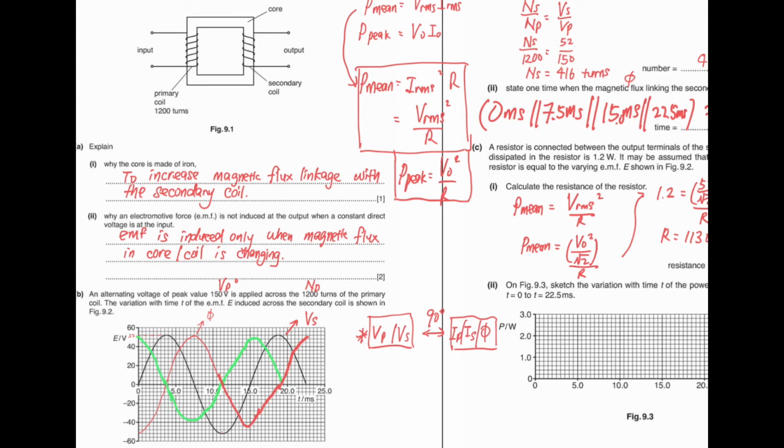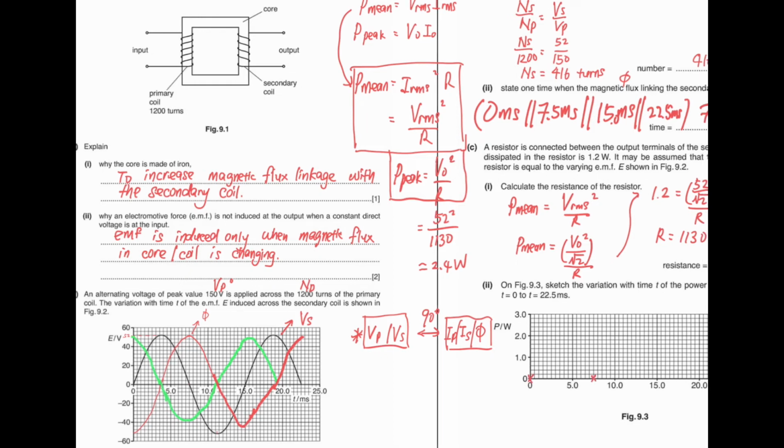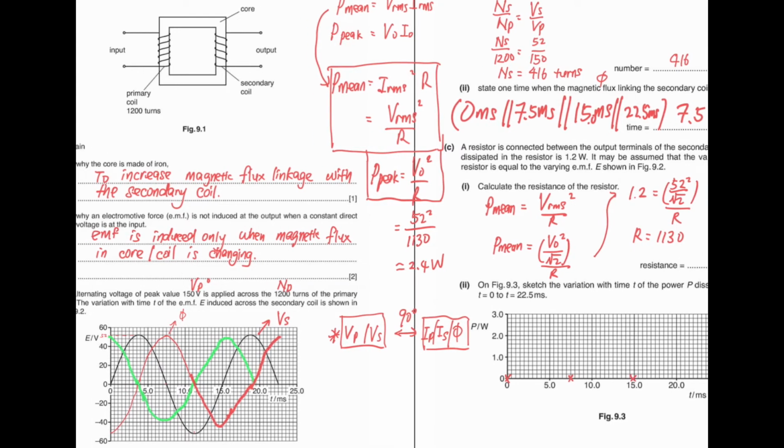Okay, let's see what value that is. 52 squared over 1130. So it's roughly about 2.4 volt. Based on this formula, V naught squared over R, when the voltage is 0, then the power should be 0. So we have 0 here, at 7.5, at 15, at 22.5.